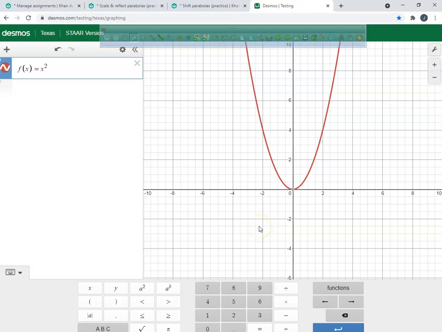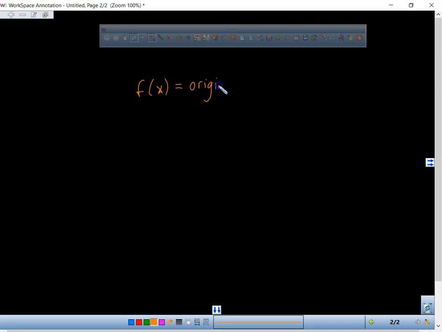Okay. Now, if we want to shift this, there are some different rules for shifting functions you need to write down with me. So we're going to go over the rules and see if this makes sense. Let's say f of x is your original function. And when I say f of x, it could be any function.